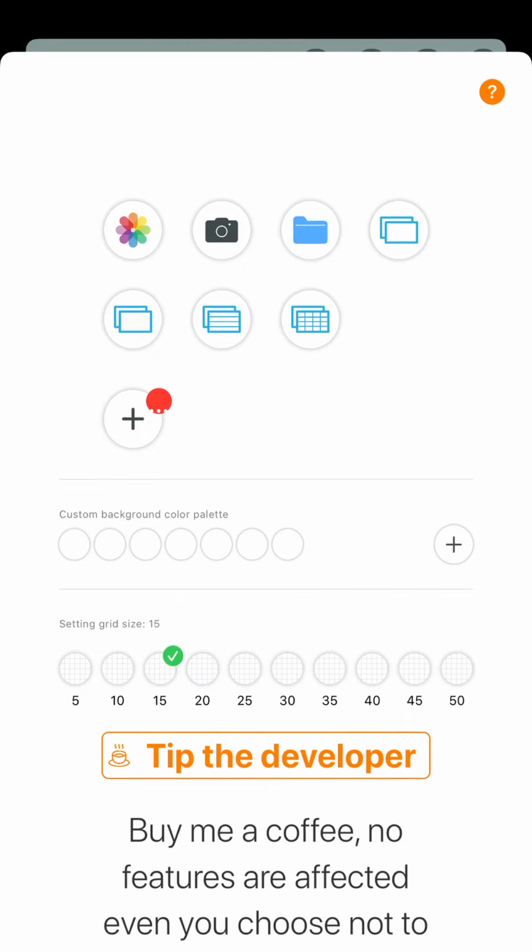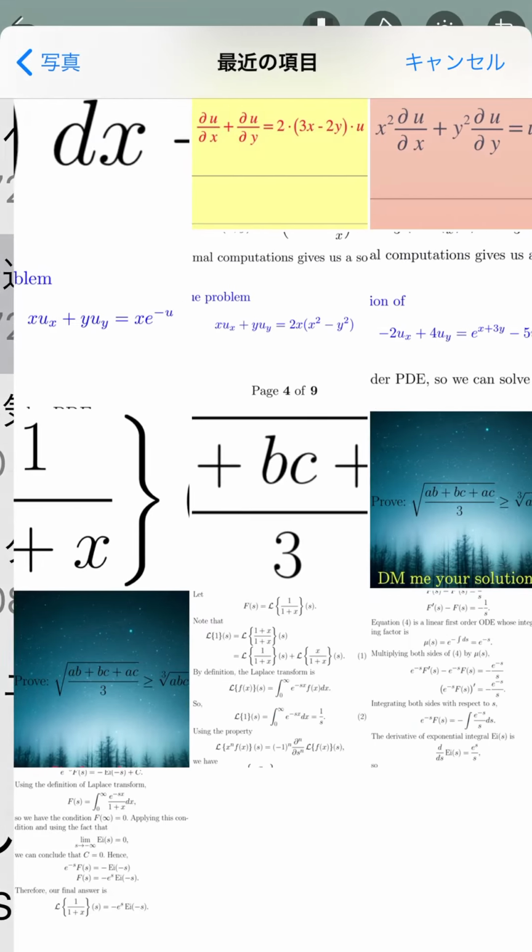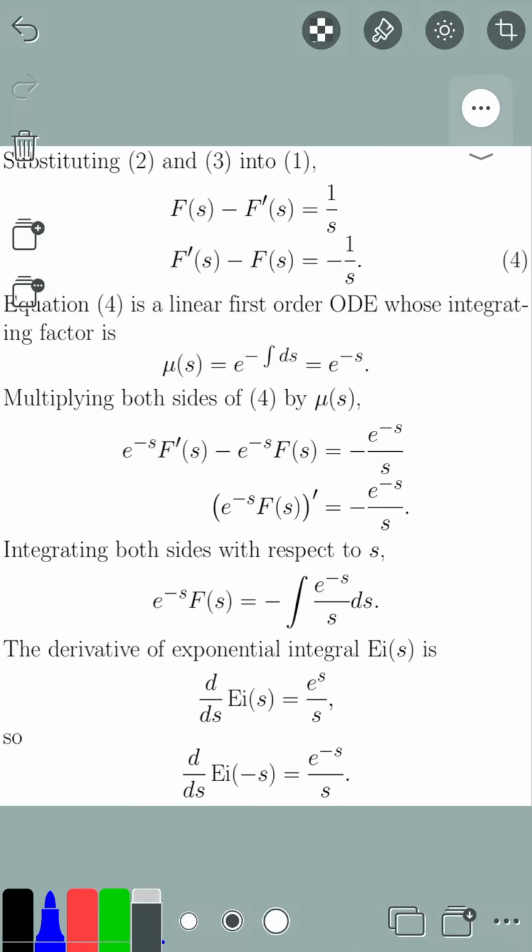We found the Laplace transform of 1, and we wrote the Laplace transform of x over 1 plus x in terms of F prime of s. Then we substitute that into the equation that we got from the beginning.